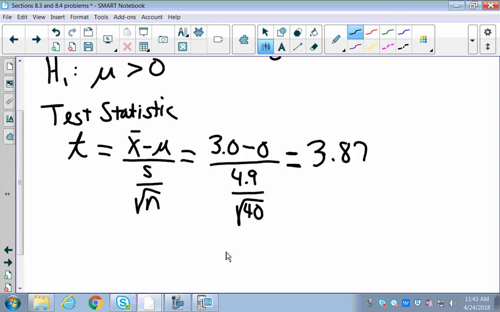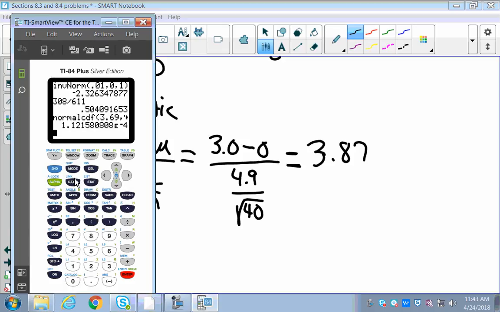Okay. Remember, too, that you can go to your calculator, and you have to get your calculator going for this because the curve is different and to find your criticals. So let's go to stat, cursor over to test. We're going to do number 2, which is a t-test. Again, this is where either I'm going to put data in or I'm going to just give it the stats.